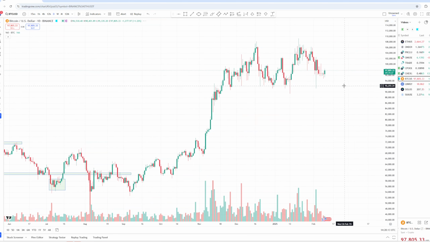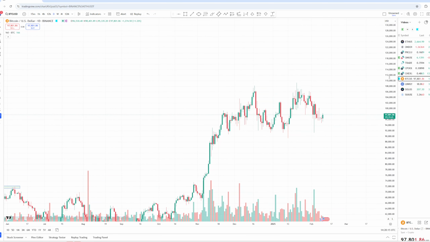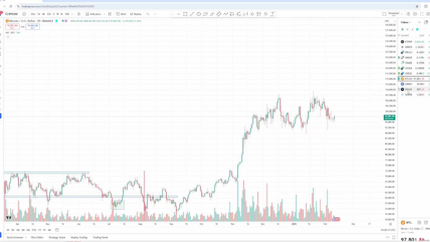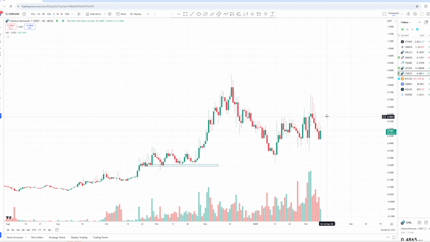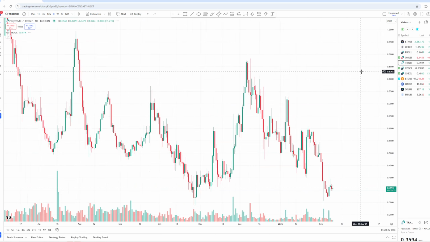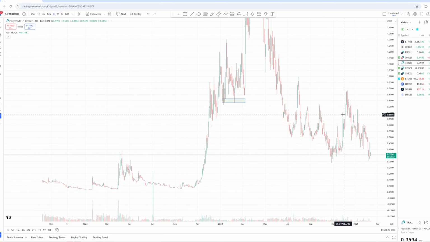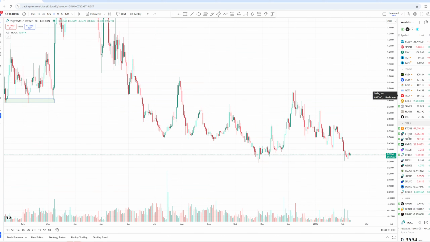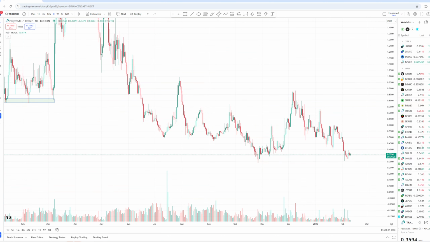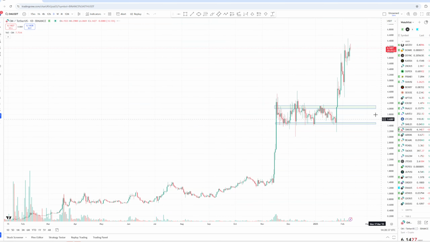I want to show you something here, because this one is too clean. Sorry guys, I'm just trying to find a good example that I haven't looked at, so we can look into it together. This one, not as much. No, on the bullish side, I want to have a bullish one. Maybe we need to look into OM.